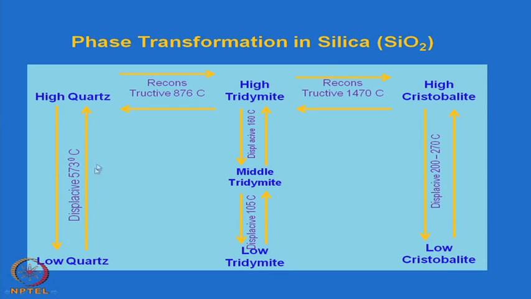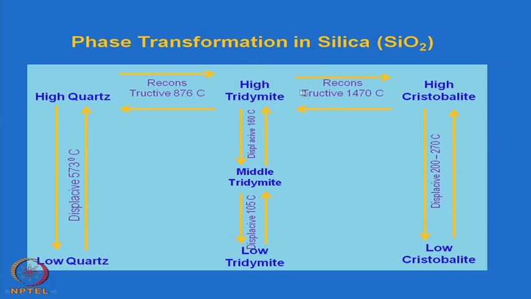There are different kinds of transformation in the whole gamut of different phases: low alpha quartz, beta quartz, then that beta quartz goes to high tridymite. High tridymite is another name for the same chemical composition, SiO2, but with a different structure.